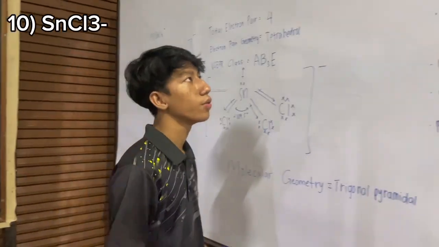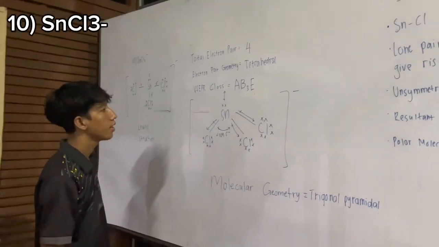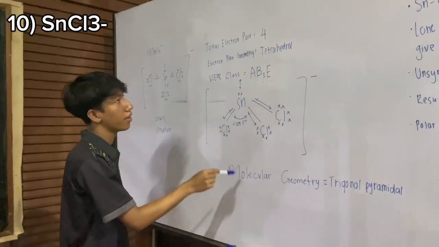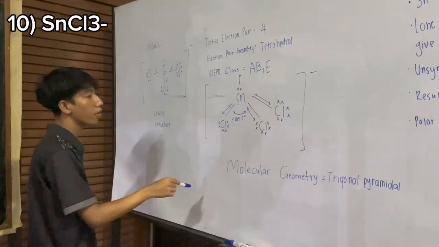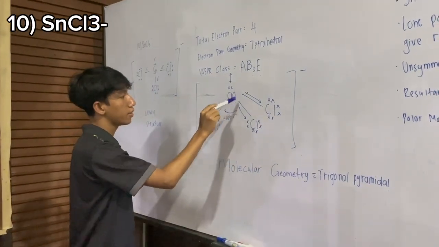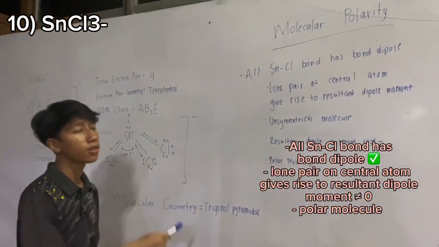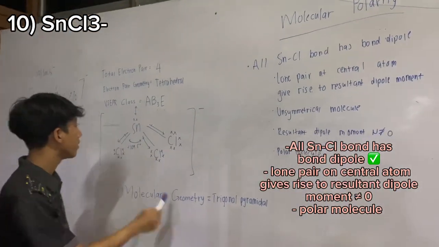So we need to determine the molecular polarity for this structure SnCl3-. So this is the bond dipole on this structure. So the Sn-Cl bond has bond dipole. The last part is molecular polarity. How to determine molecular polarity? So look at this structure.